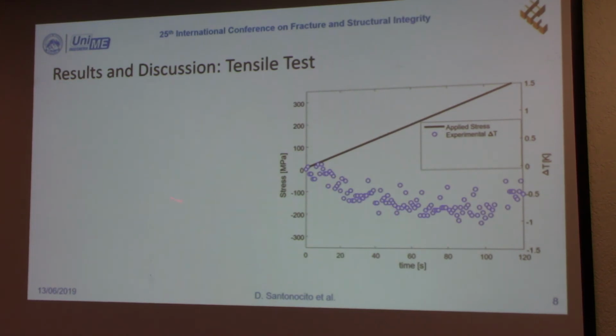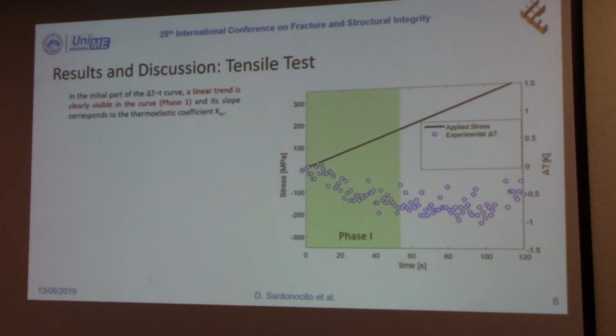So if we analyze a static test and we plot the applied stress versus the experimental surface temperature relieved on the specimen versus time, we can distinguish a first phase where there is a linear decrement of the specimen surface temperature, and then a second phase where the temperature slows down until a minimum region.